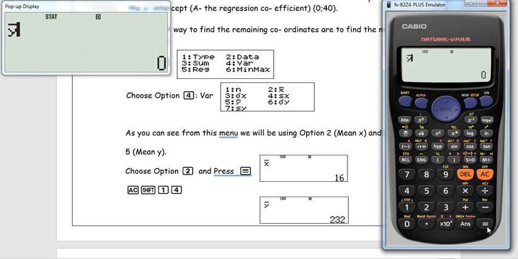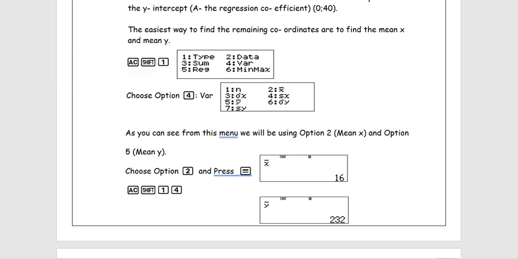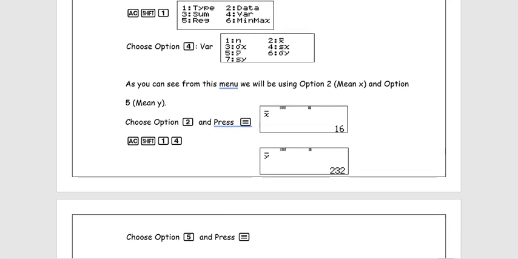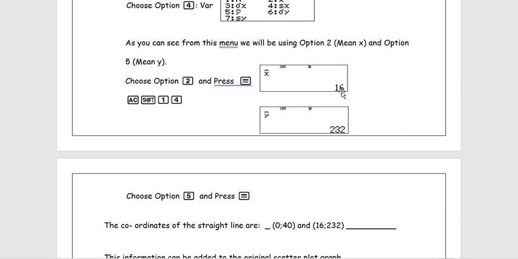Your calculator's waiting for you to say, what is my estimated y value equal to? So we press equals, and up it comes at 232. So now I have another set of coordinates. I have now got 16 and 232.